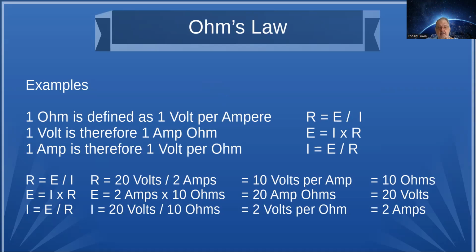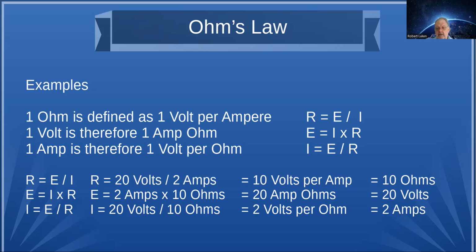So it's just different ways to say those three equations. So if we had, for instance, a 20-volt source providing 2 amps, and we want to know what the resistance was, we just divide the 20 by 2 and we get 10 volts per amp or 10 ohms.